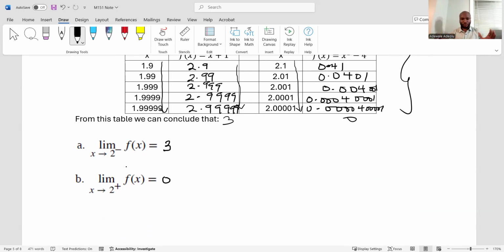In summary, folks, we can talk about one-sided limits for this function. We have just seen it. However, since 3 is not the same thing as 0, we will say the limit as x goes to 2, look at it, I do not put any sign on it, that means I'm considering both sides of that function, f of x.